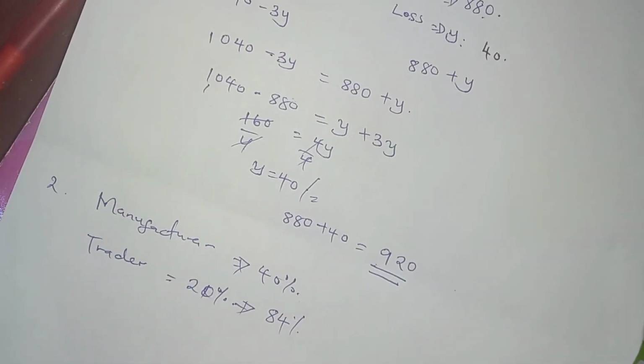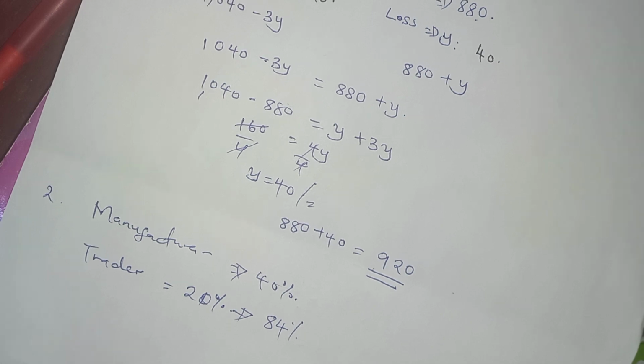So we want to get the buying price of the trader, the amount that the trader used to buy this bottle of fruit juice from the manufacturer.